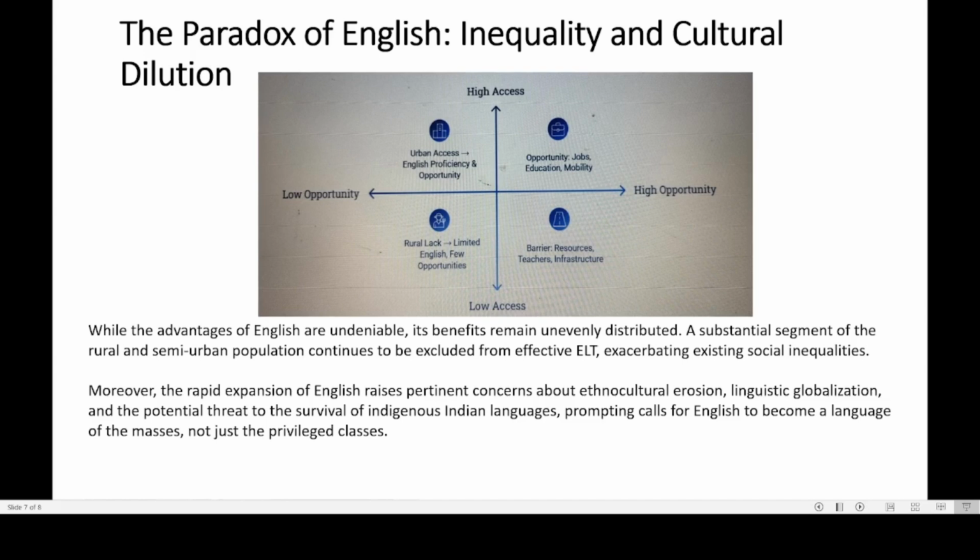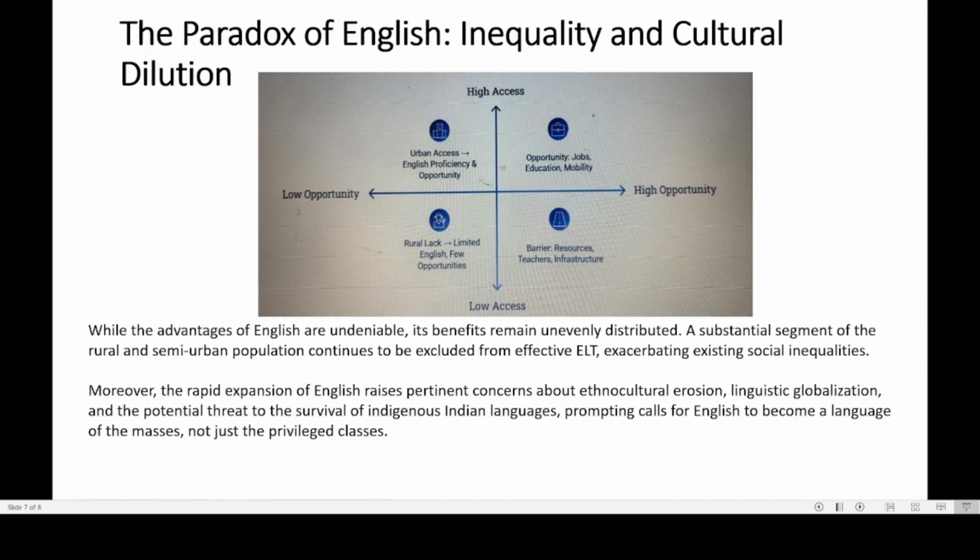And we can see this impact in Gen Zs. So the real challenge for India is how to balance between English and the Indian languages.